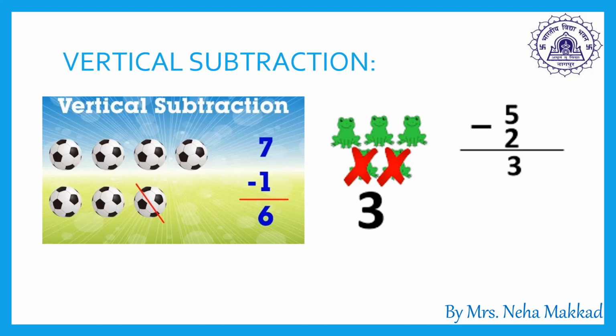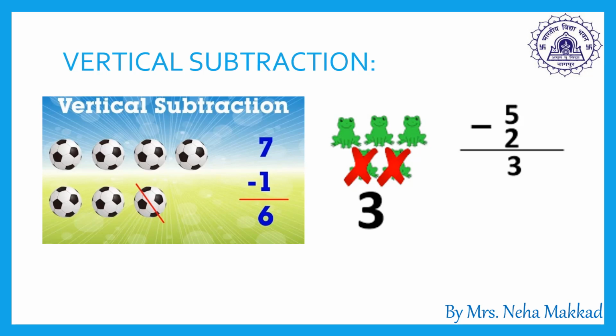Now children, we will try to understand what is vertical subtraction. So when we place the numbers one above the other according to its value, as I told you earlier also, according to the place value, first the tens place, then the ones place, it is known as vertical subtraction.